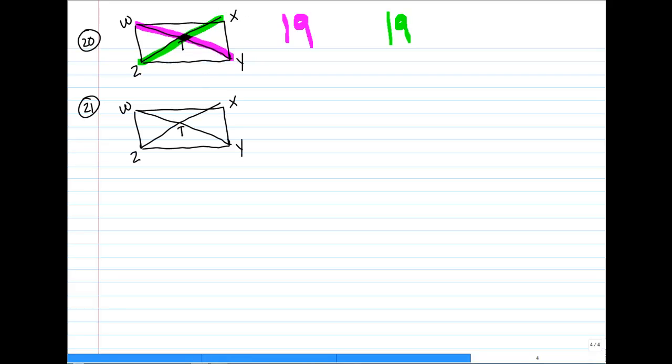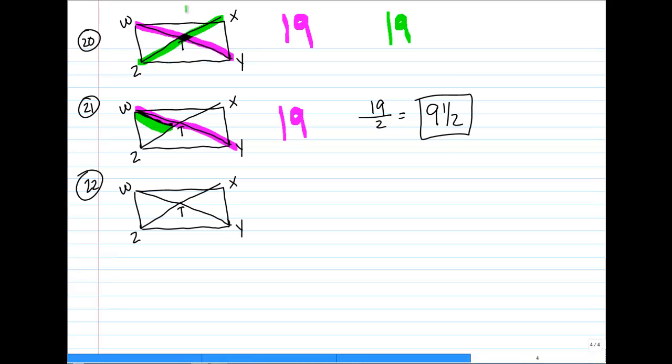It says, again, if WY is 19, what is WT? So just this part of it right here. So of course you divide 19 divided by 2, which is 9.5.